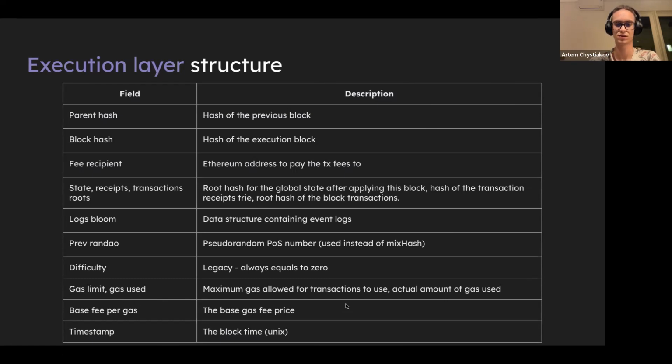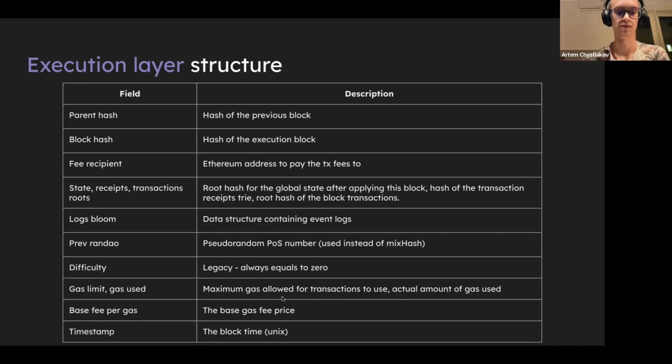And the gas used is the actual amount of gas that the transactions included in this block used. This number can't be more than 30 million, but it can be 0. So blocks can be empty, and it is fine.